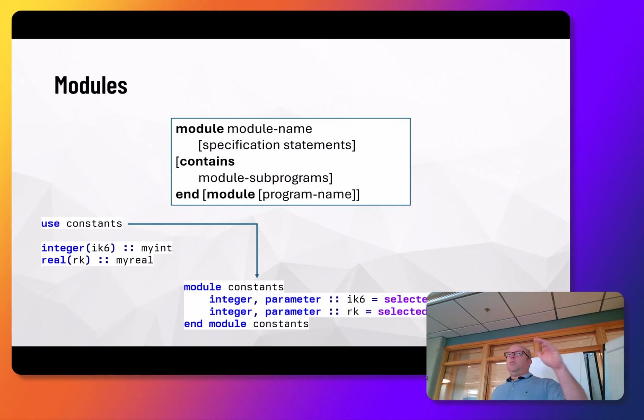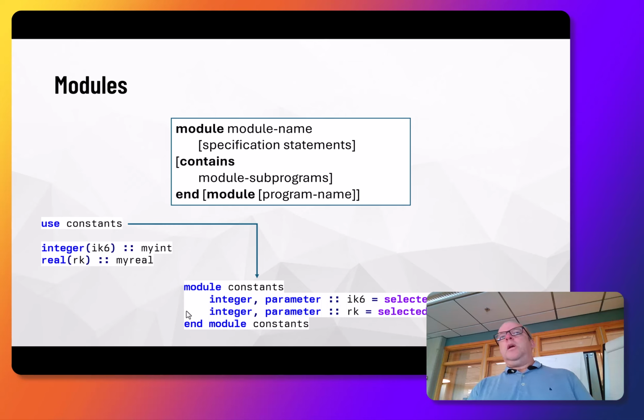Modules are defined almost like a program. So you have the module name, specification statements, contains, and your module subprograms. Typically at the top level you declare global or private variables of the module, and then you have the module subroutines in the contains section. Then you use the use statement here to tell Fortran, I want to use the constants module. And then it makes this module available in your current context.